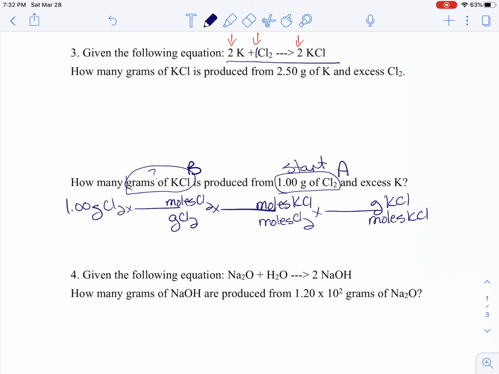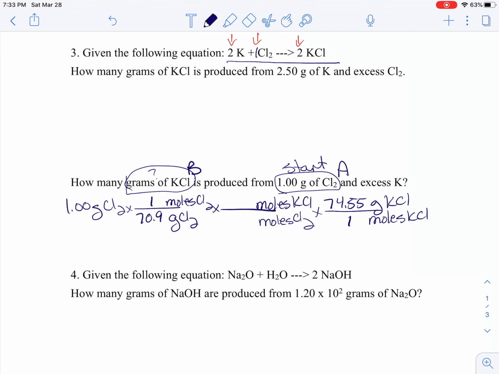So the first thing we're going to do is fill in the molar masses, and I'm going to help you with that. The molar mass for Cl2 is 70.9 grams per 1 mole, and the molar mass for KCl is 74.55 grams for every mole of KCl.